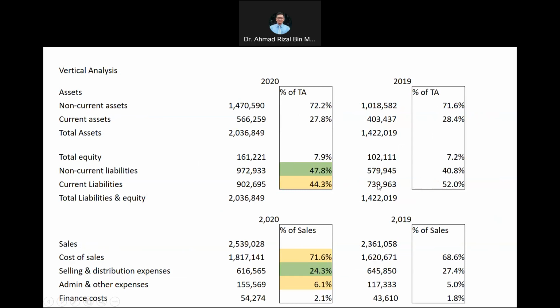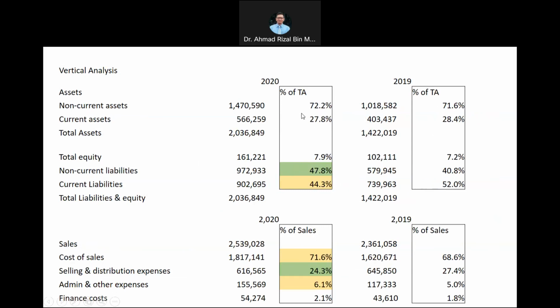Although the raw figure, the amount increased from 739 to 902, due to the significant increase in the long-term liabilities, it makes the percentage of total assets for current liabilities decline from 52% to 44.3, showing that over the year from 2019 to 2020, the company relied more on the long-term capital, in this case long-term financing, as opposed to short-term.